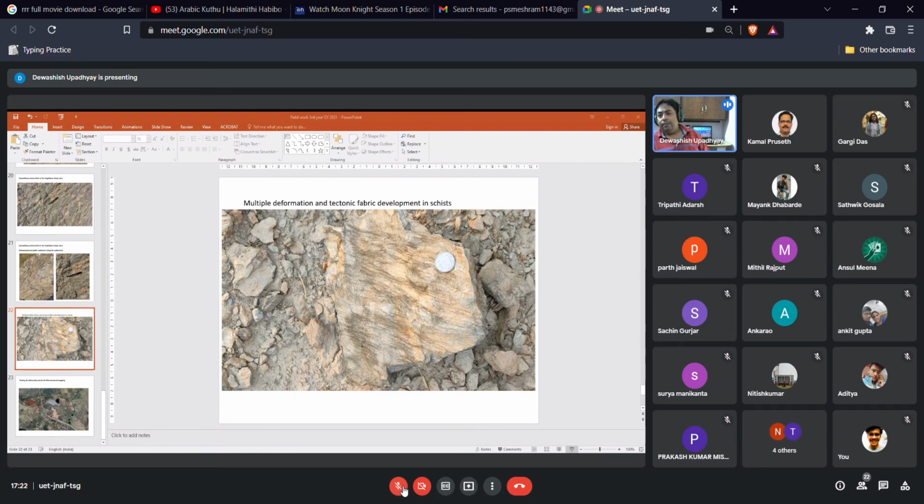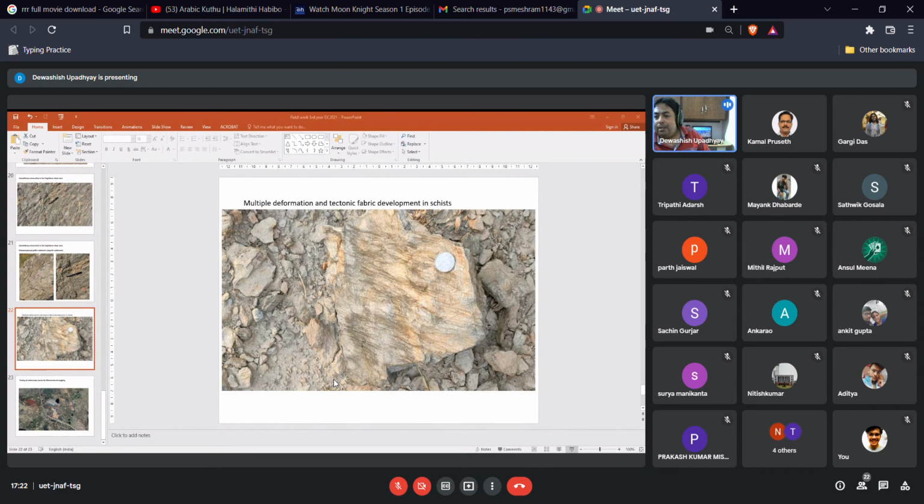If you look at this piece of rock in this video, the dark lines they can follow. You can see one set of lines is roughly north-south, and the other one is roughly northwest-southeast.